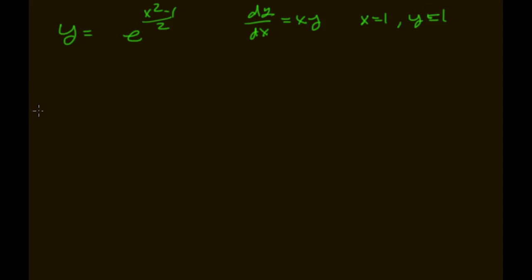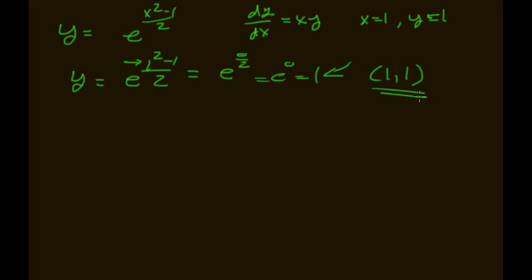Well, the first thing to check is whether the initial value actually goes through this. So let's put in 1 for x. That's e to the (1 squared minus 1)/2, which is e to the 0, which is 1, which means that when I put in x as 1, I get out y as 1. So the point 1, 1 is in fact on this curve.